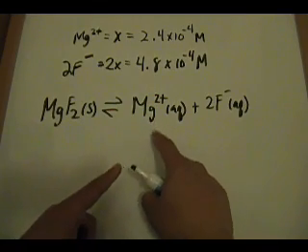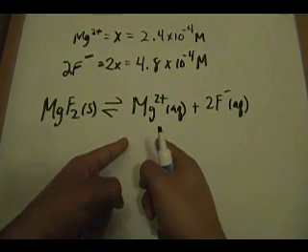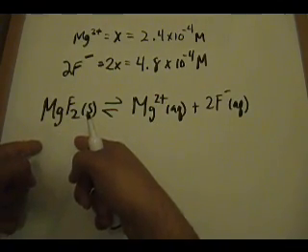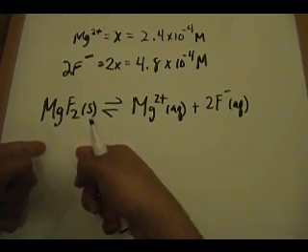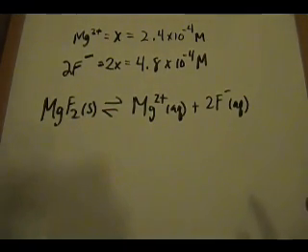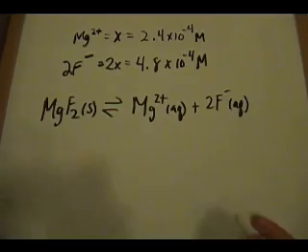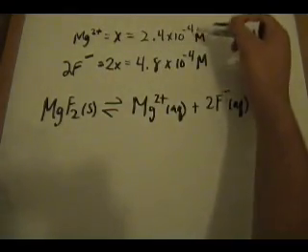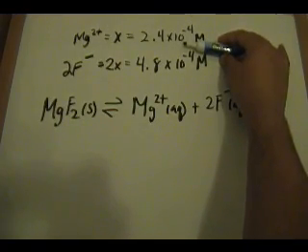So that's completely tied. The concentration of magnesium is specifically tied to the molar solubility of magnesium fluoride. Again, the molar solubility is asking how much of the solid dissolved. So we figured out that the magnesium concentration at equilibrium was 2.4 times 10 to the negative 4 molar.